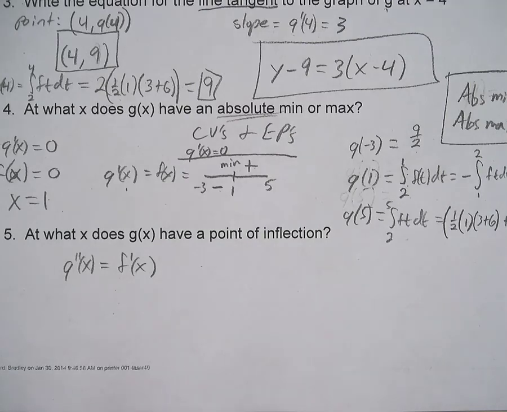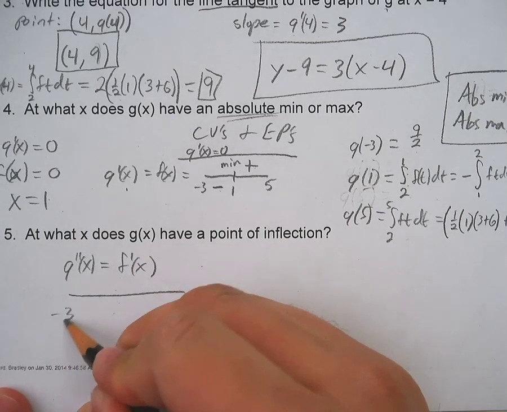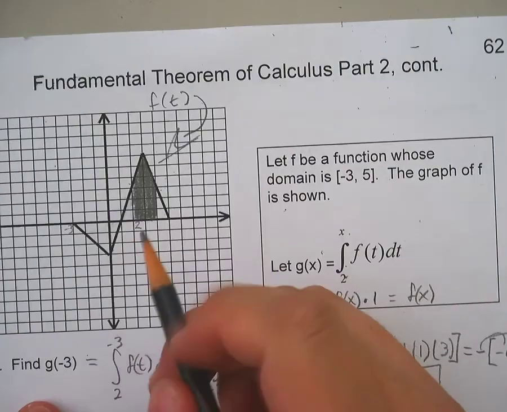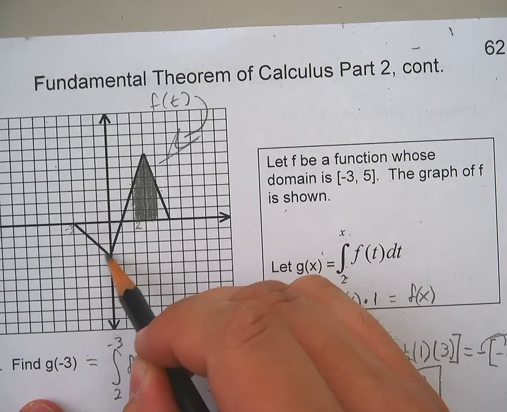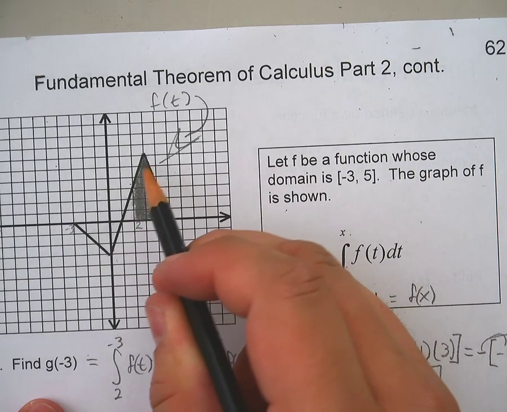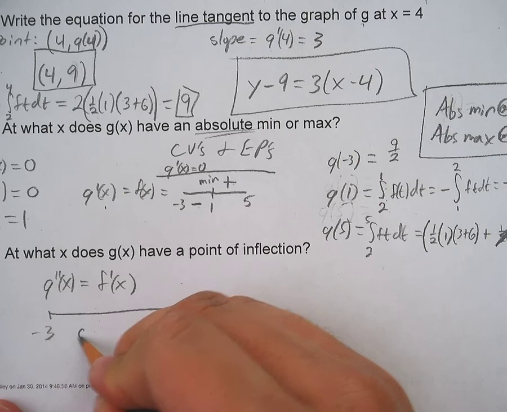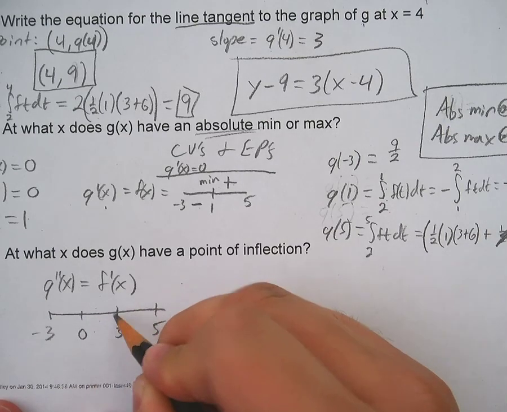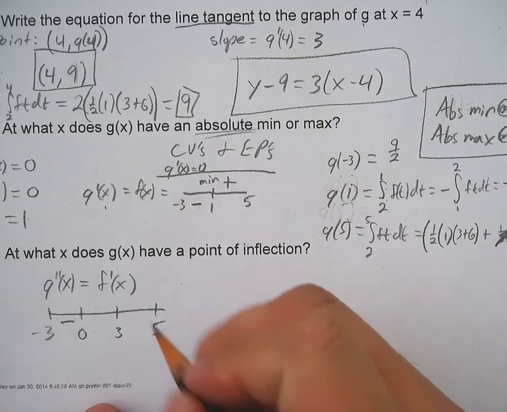So all I'm going to do here is set up a little x line, -3, and then what I'm doing here is looking up here. Your slope is undefined right here at 0. It's undefined at 3, and then back to the x-axis at 5. So -3, 0, 3, and 5. And the slope between -3 and 0 is negative. It's going down.